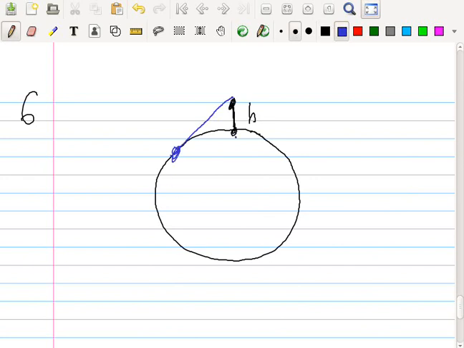This here is R. This here is 90, and this angle here is alpha, and that there is height h. And we want to calculate the R here. Okay, that's alpha there.